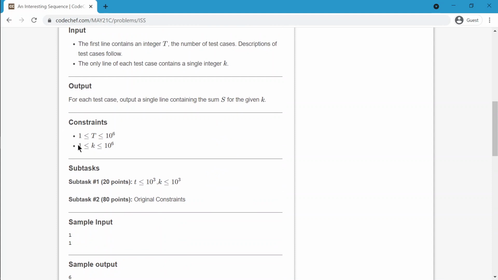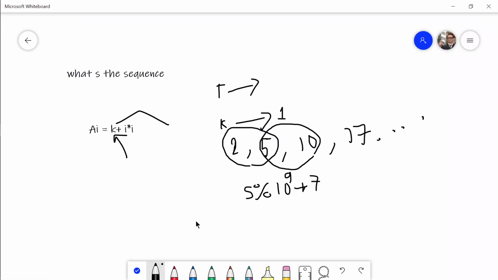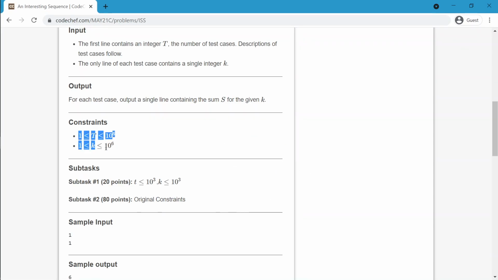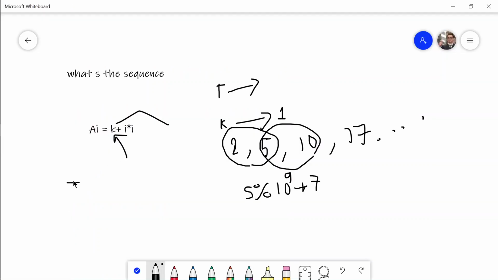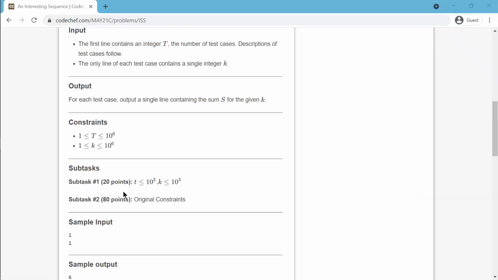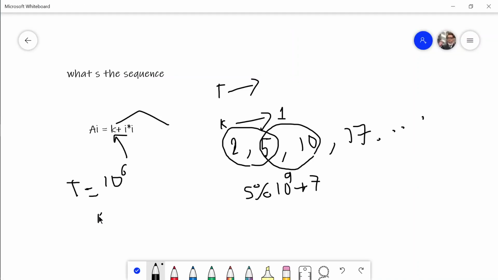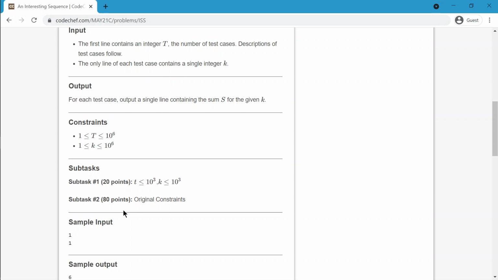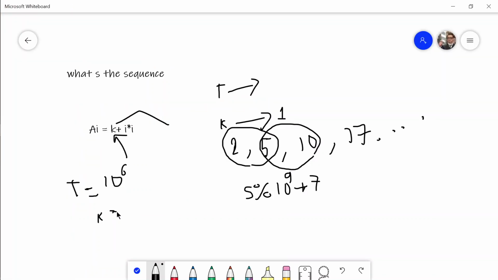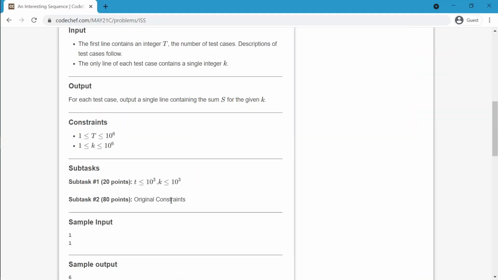Now, if you see the constraints over here, t is 10 to the power 6 and k is also 10 to the power 6. So how do we do it?